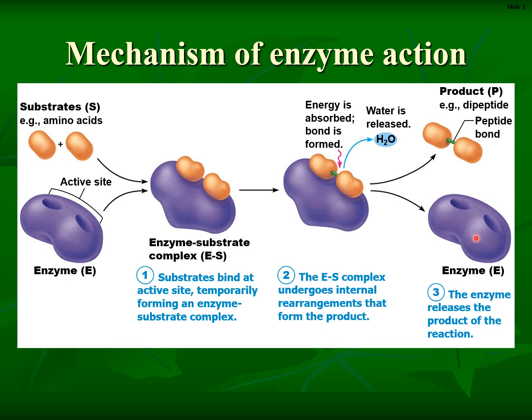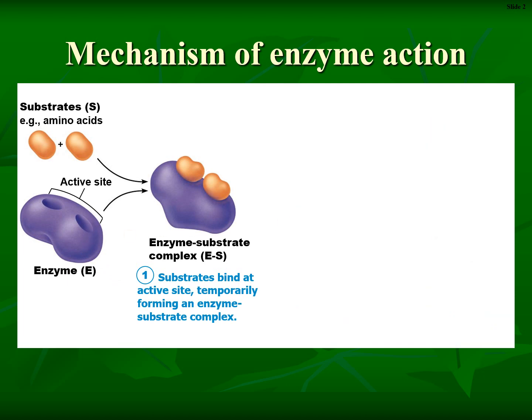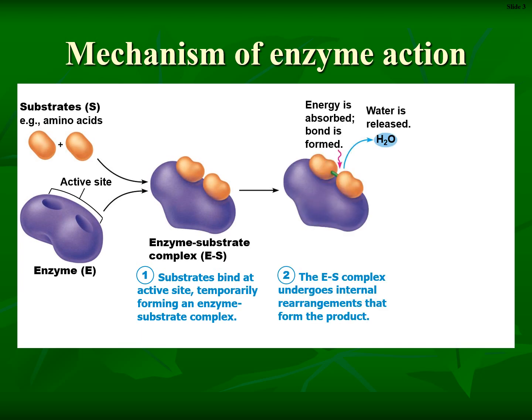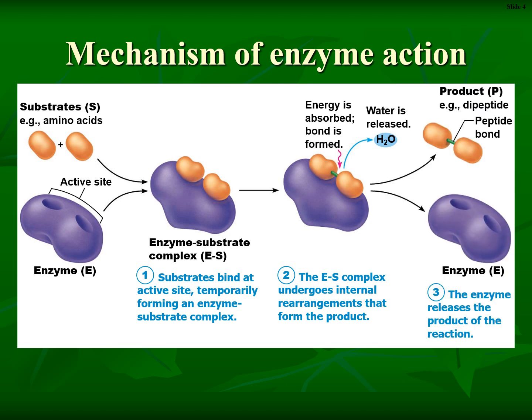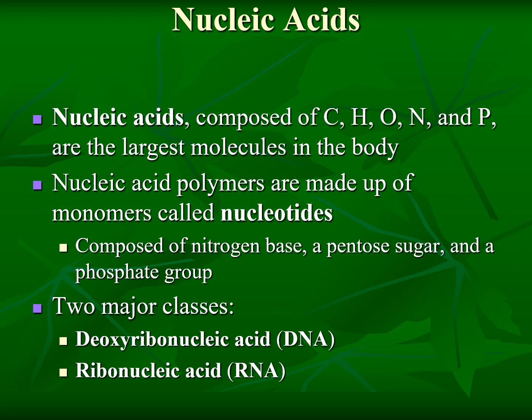It's a shape change. This goes back to the original shape and can be, here we go again, reused again. So this is just showing in detail: binds, shape change, release of the product. The enzyme goes back to its original shape to be reused.